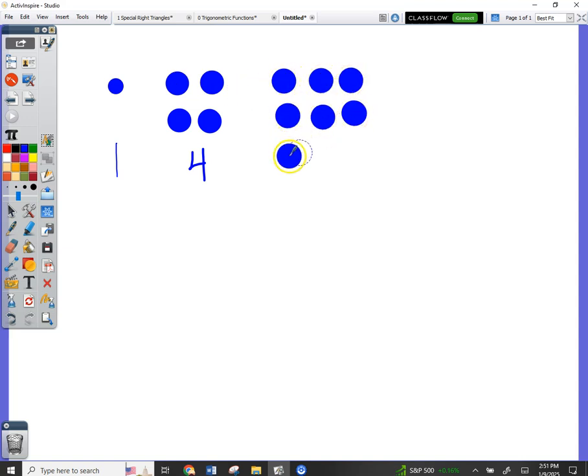If you had a square that measured 2 by 2, what would the area be? 4. If you had a square that measured 3 by 3, what would the area be? 9.